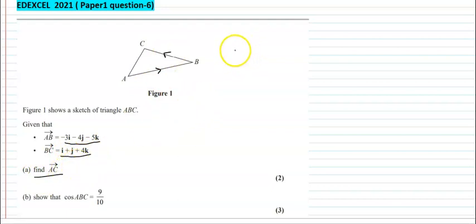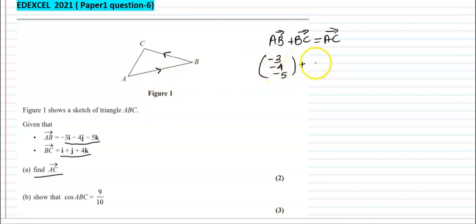So AB is given, AC we need to find, so we can write down here AB plus BC equals AC, right? So AB we can find. What is AB? AB is minus 3, minus 4 and minus 5. So let's write down here minus 3, minus 4 and minus 5. And we can go for BC. BC is 1, 1 and 4.